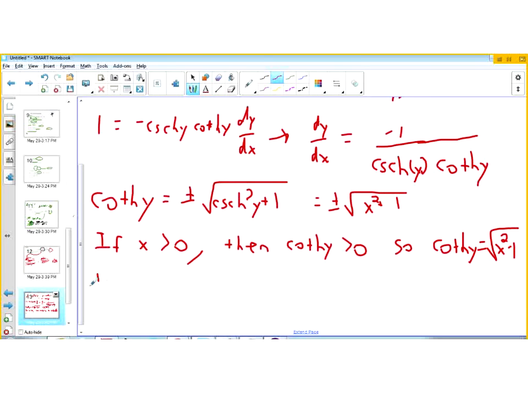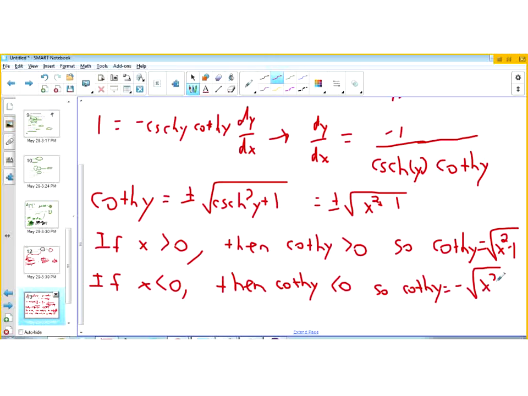Okay, and if x is less than 0, okay, then the hyperbolic cotangent of y is less than 0, and so the hyperbolic cotangent of y would equal the negative of the square root of x squared plus 1.